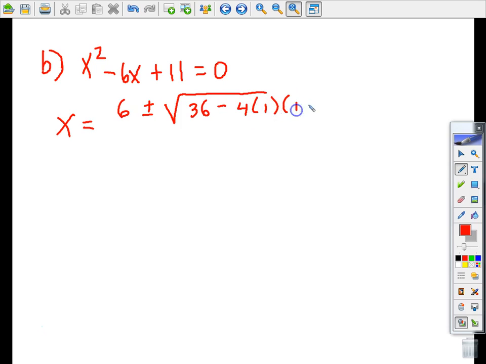I went ahead and did negative 6 squared for you. And then all of that is over 2 times 1.